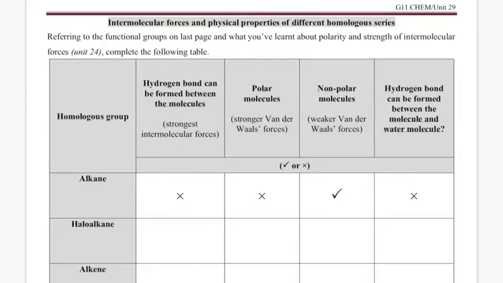The first one is already filled in for you, alkane. Using the example I just mentioned, methane, there's no hydrogen attached to those most electronegative atoms, so of course there's no chance for hydrogen bonds to be formed between those molecules.